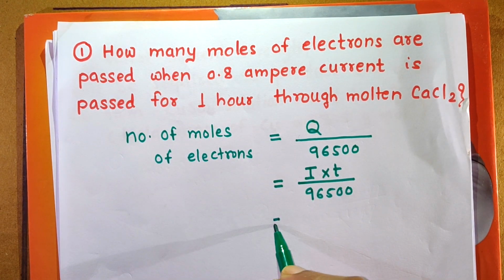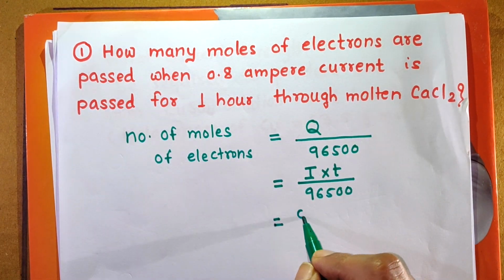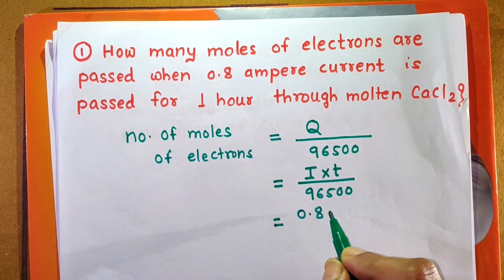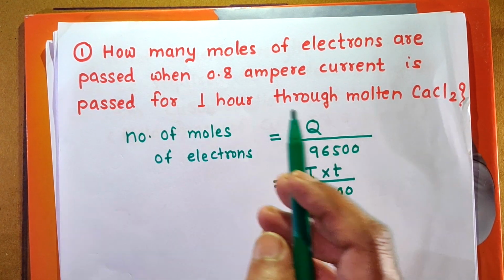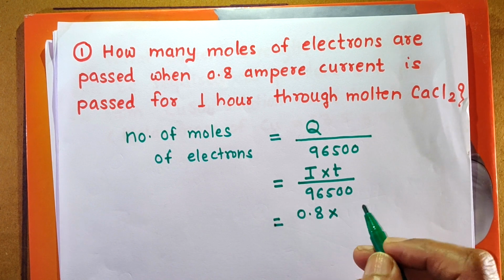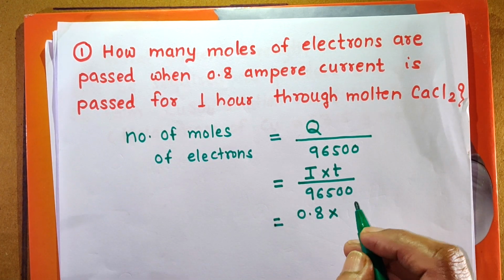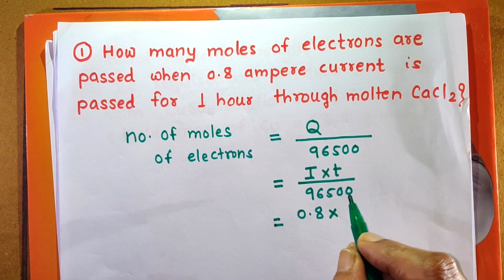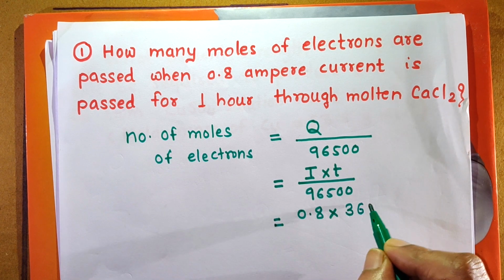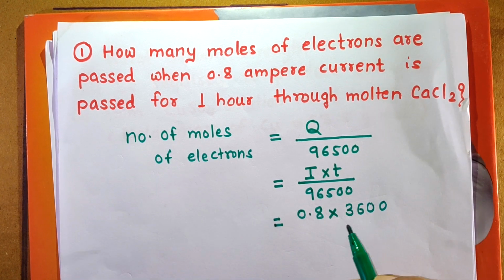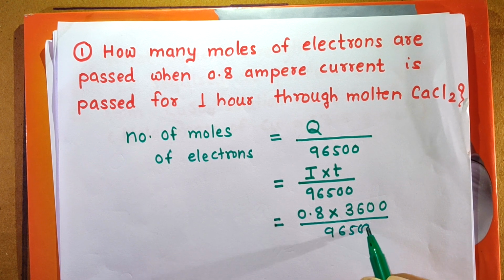Therefore, if you substitute the values here, I, 0.8 ampere current is given. So 0.8 into T, time in seconds. 1 hour is equal to 60 minutes, 60 into 60, that is, 1 minute is equal to 60 seconds. So 1 hour is equal to 60 into 60, that is 3600 seconds, divided by 96500.